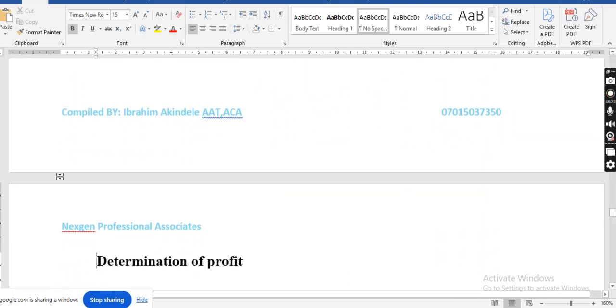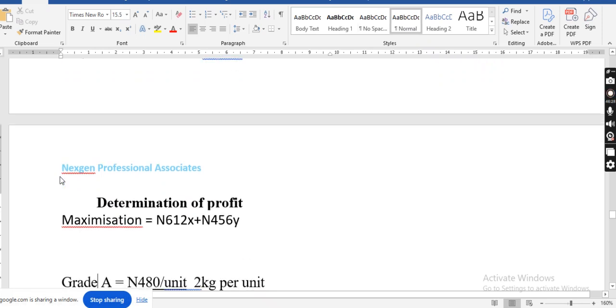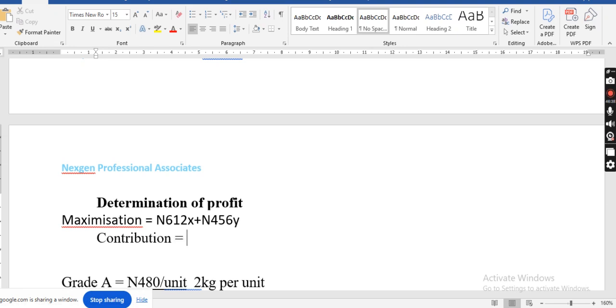So we can have contribution from our maximization function. Is that not so? Contribution is equals to Naira sign 612. Let me define it.